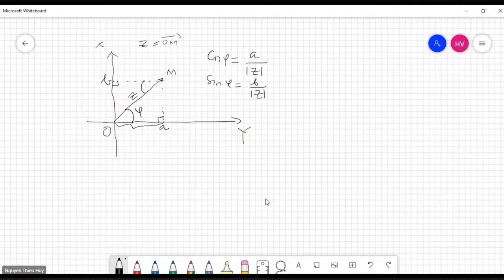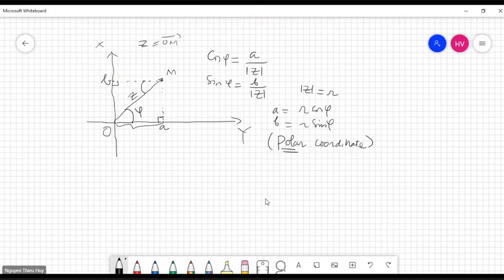If you denote the modulus of Z by R, you obtain A equals R cos phi, B equals R sine phi. This is exactly what is called polar coordinates. If you haven't learned it, you will learn it in calculus 1, and therefore the name polar form comes from this type of coordinates.